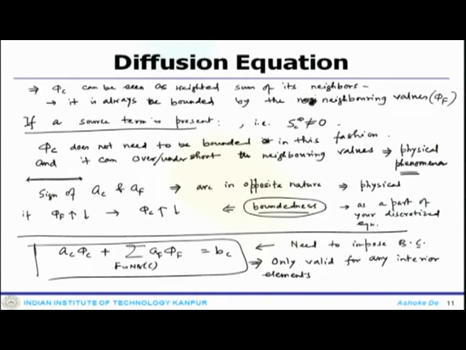It is not true for boundary elements. So, the boundary elements need to be treated separately.